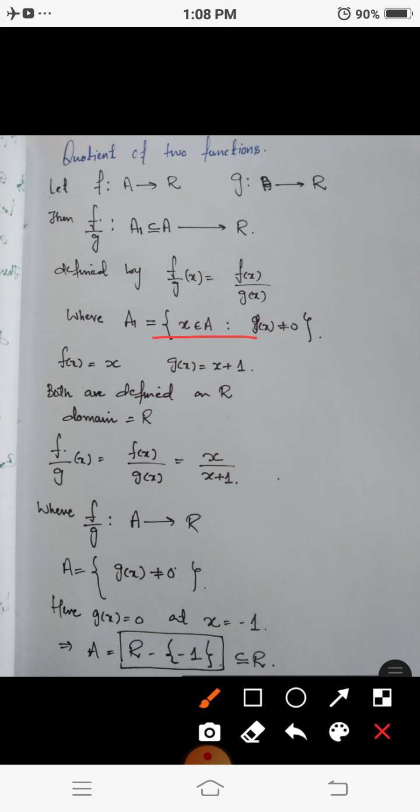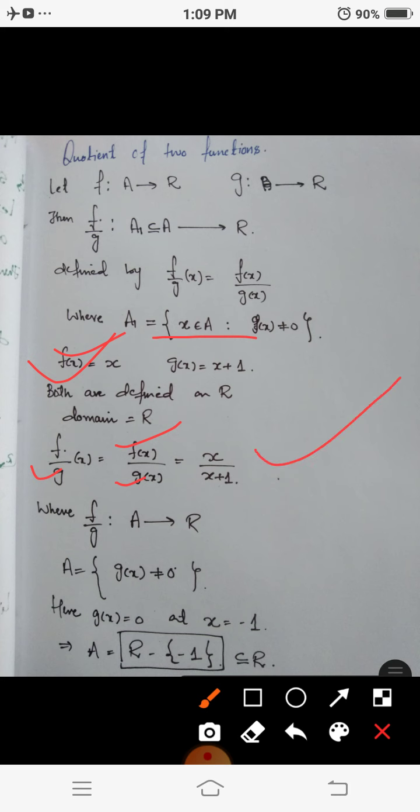The same concept is here. If we consider two functions f of x equals x and g of x equals x plus 1, both defined from R to R, their domain is R. Their quotient function is (f/g)(x) = f(x) by g(x), which is x upon x plus 1.